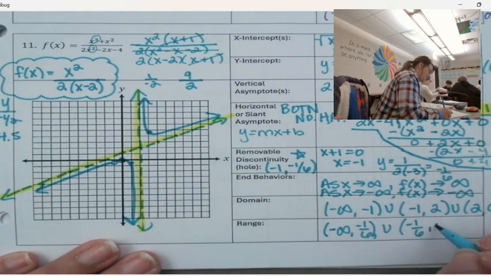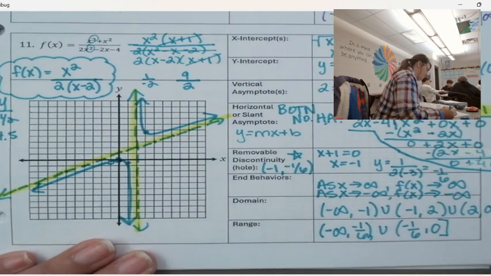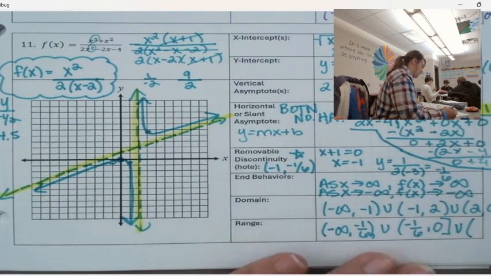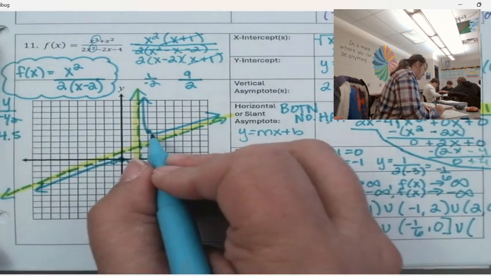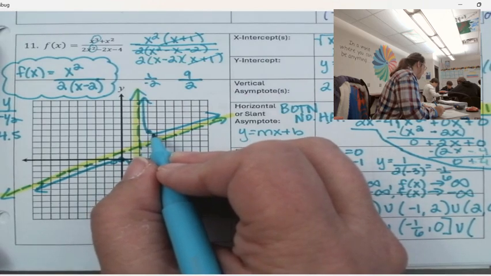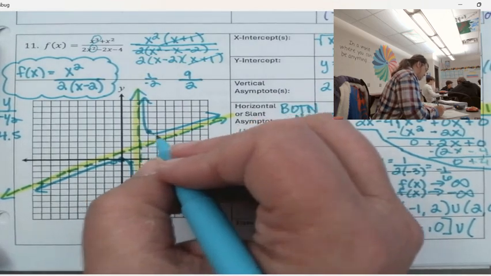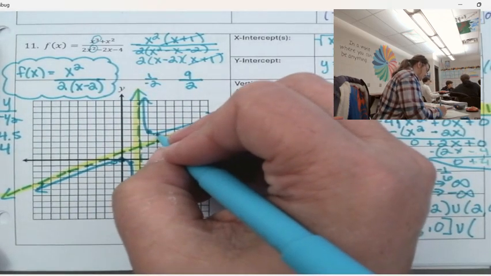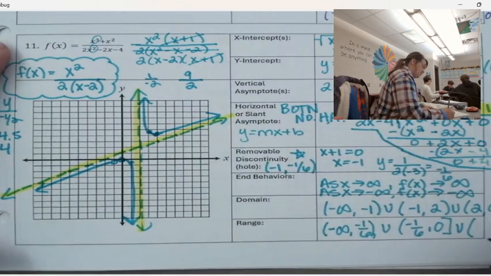So I'm going to have to go -1/6 to 0 and include 0. And then it looks like it starts back up again. I've got it at 4.5, but it actually comes a little bit lower than that. If I would have plugged in 4, we would have seen that. So 4, 4 is right here. So it goes 4 to infinity.